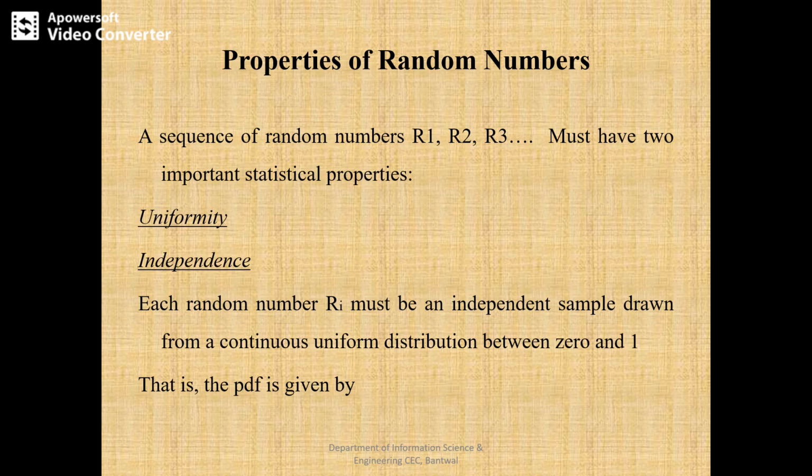First one is the properties of random numbers. A sequence of random numbers, always denoted by capital R1, R2, R3 and so on, must have two important statistical properties. The first one is uniformity and the second one is independence.